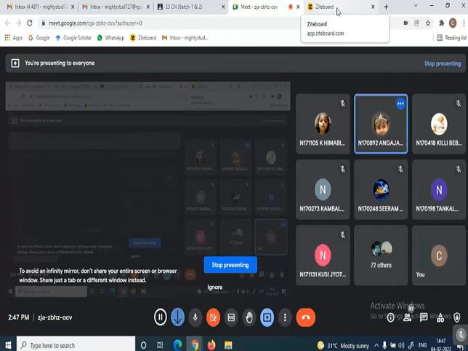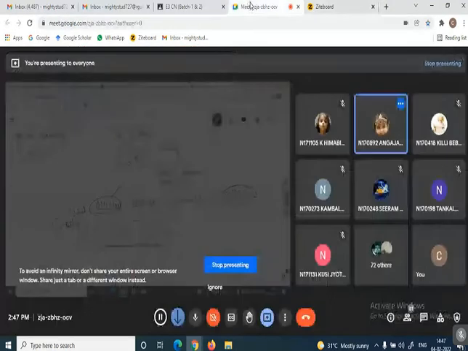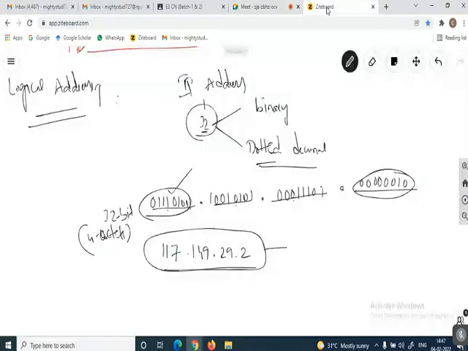255, sir. Okay, right? So now how we are going to identify if you are using IP version 4 is 255.255.255.255. Now what is the minimum range and the maximum range of the IP address?